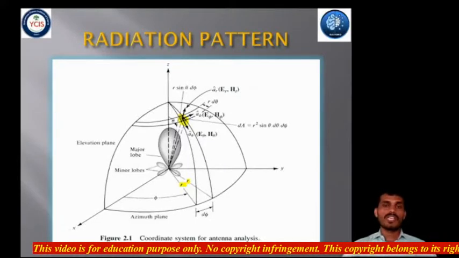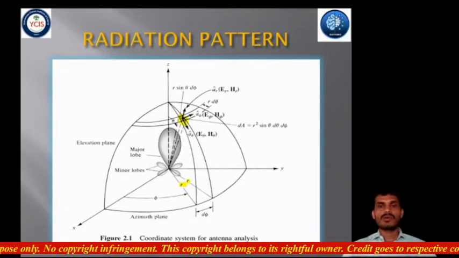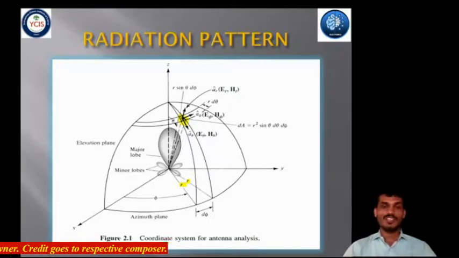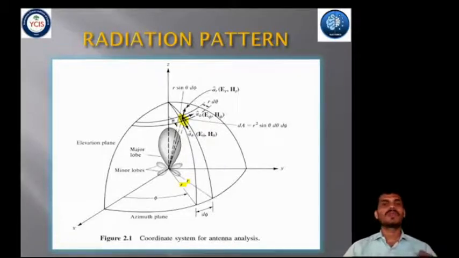Also, when we calculate the radiation power or radiation field for this small portion, that small portion also has three different coordinates, known as other than Cartesian coordinates.